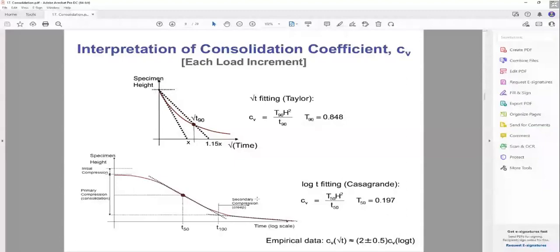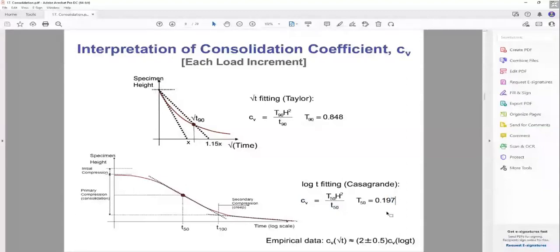Now you know the t100 and the initial compression of the specimen before you started testing. Halfway is t50, and the value of T50 is 0.197. With t50 and the height of the specimen, that will give you the coefficient of consolidation.